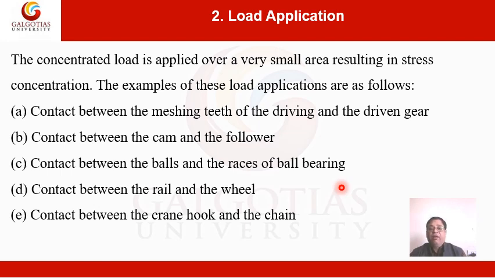Examples of point load acting between two mechanical components are the meshing teeth of driving and driven gears, the contact between cam and follower, contact between balls and races of a ball bearing, rails and wheel, and crane hook and chain. In these examples the point load or concentrated load is applied over a very small area, so the stress is concentrated at the local area.